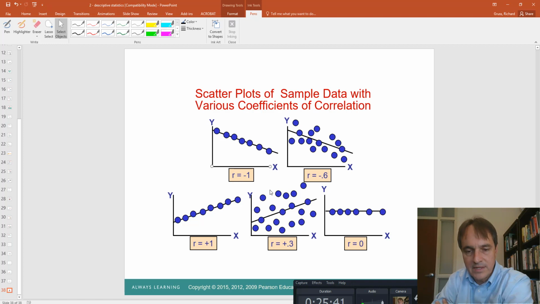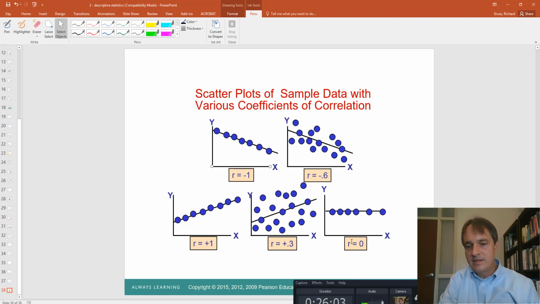So it's not a perfect relationship, but it is a positive one. But the magnitude of the absolute value of the correlation coefficient is only 0.3 here. So this tells us that it's not a very strong relationship.